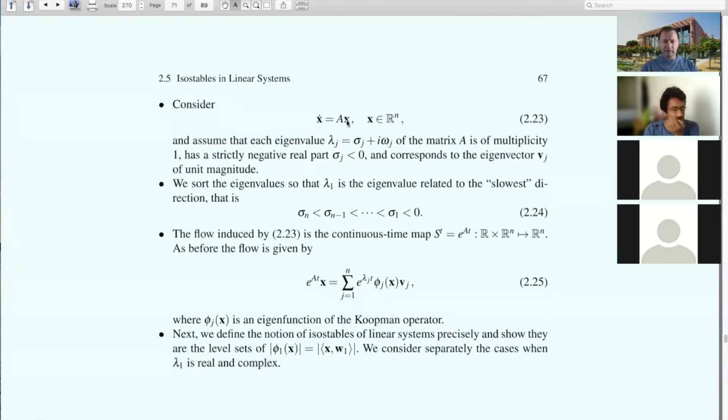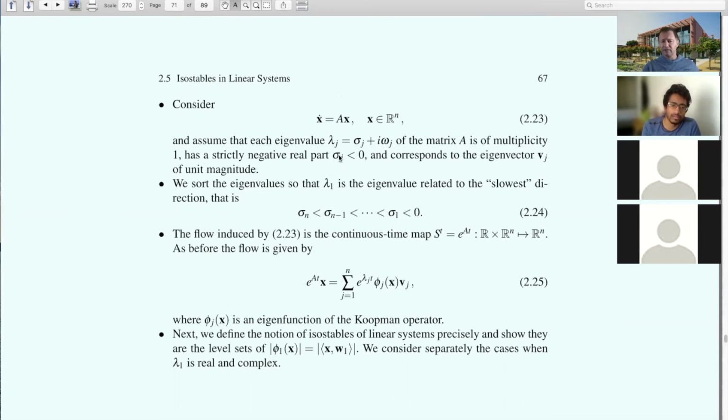So we start from a linear system. We're going to assume an eigenvalue lambda_j equal to sigma_j plus i omega_j, where sigma_j is real, and omega_j is real as well. We're going to assume that each has multiplicity 1, so we have a simple multiplicity situation.